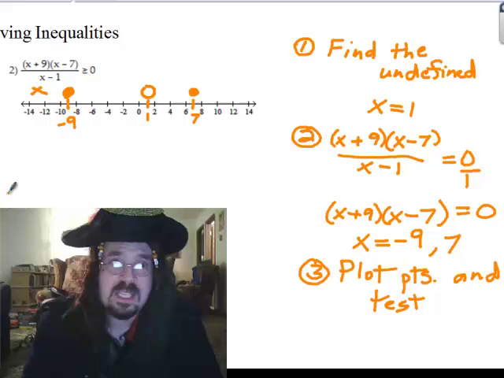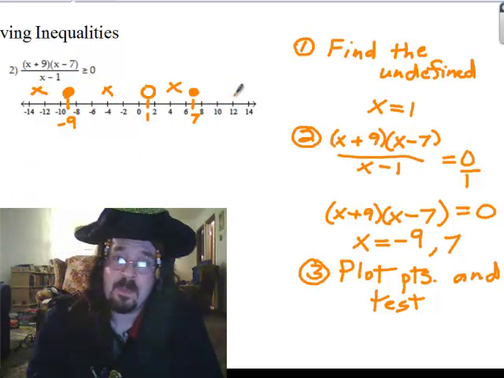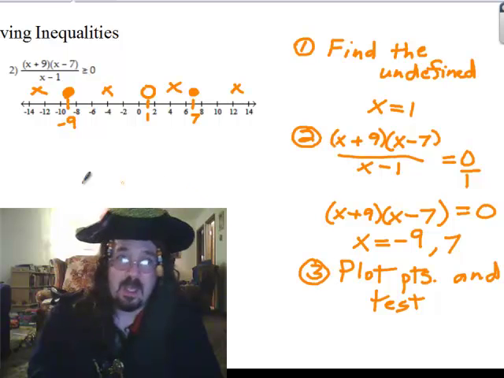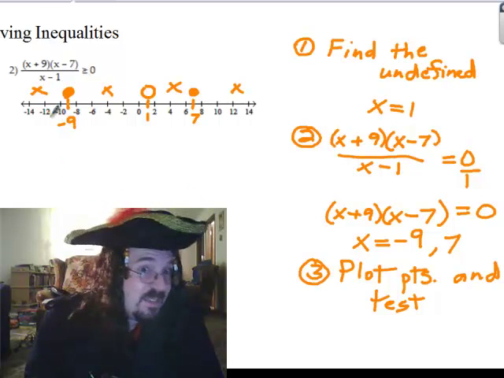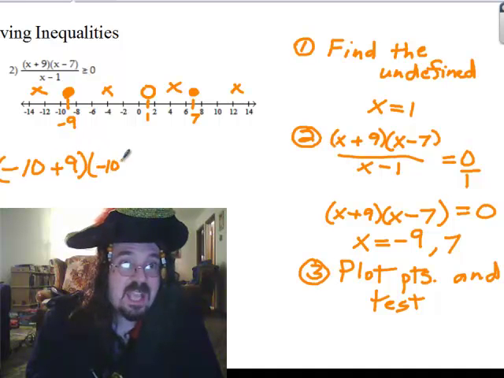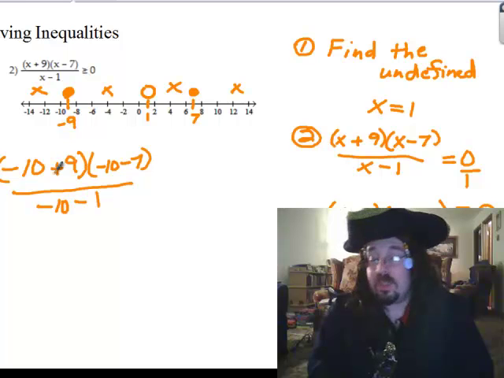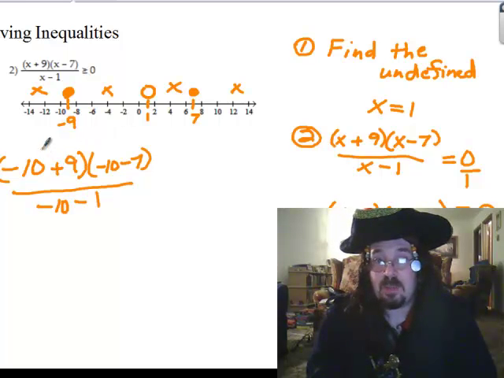So I'll test a point here, and here, and here, and here. Perhaps you'd like to test negative 10 over here, love. Let's do that. So if I plug in a negative 10, without actually solving it, negative 10 plus 9 is negative.